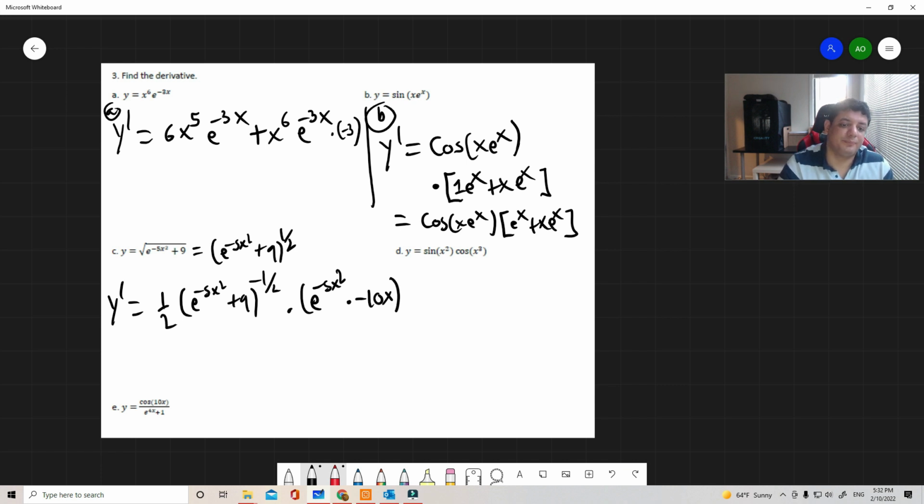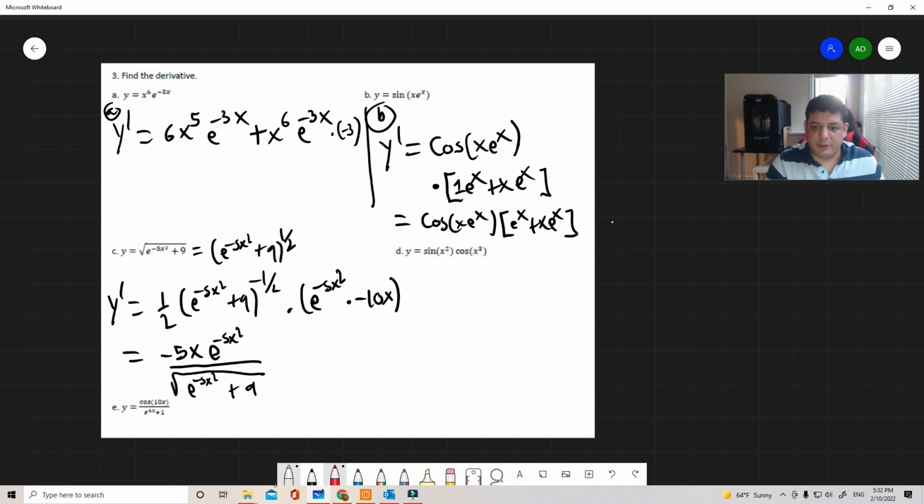Okay. So overall, if I simplify this minus 10 with this 1/2, it is going to be minus 5x e to the minus 5x squared divided by the square root of e to the minus 5x squared plus 9. Okay.